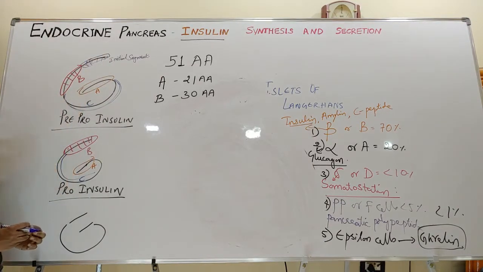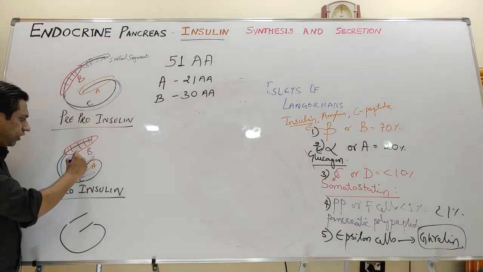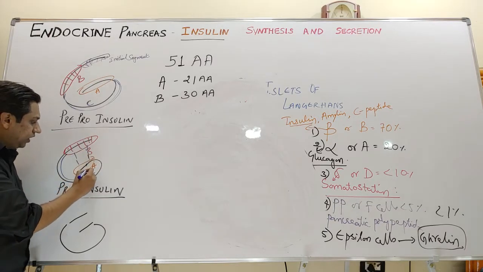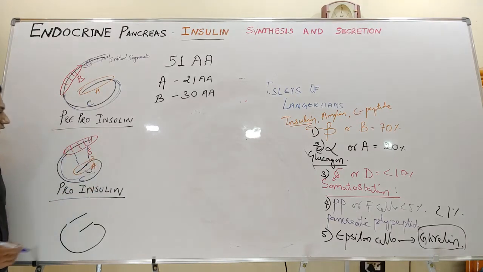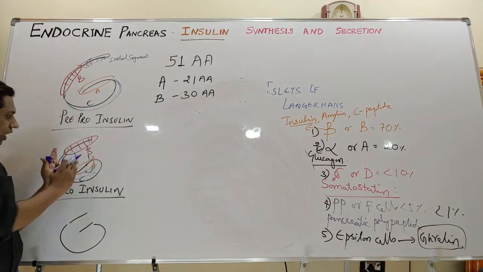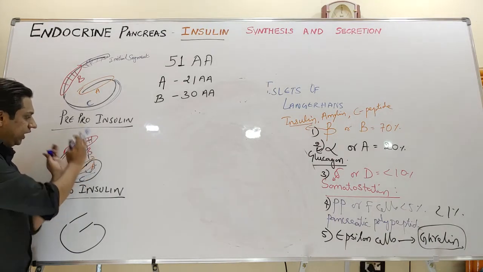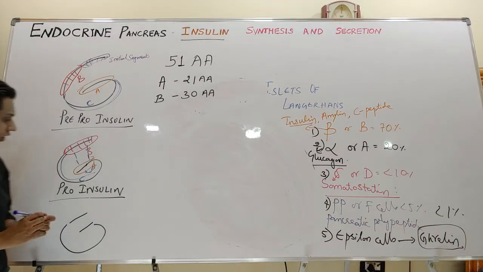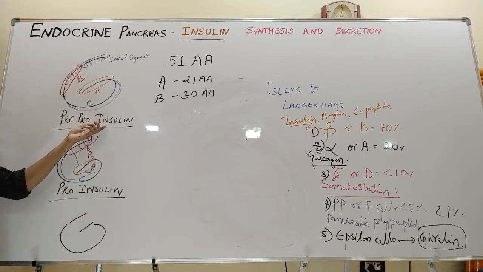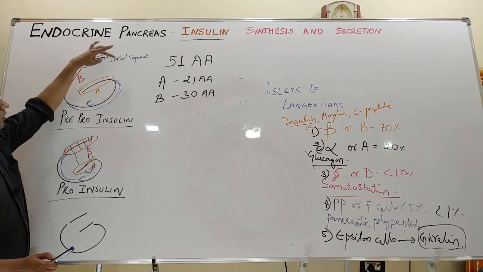Further, in this proinsulin molecule there are disulfide bonds: two disulfide bonds between the A and B chain, and one more within the A chain itself. So this molecule is known as proinsulin. Proinsulin is almost the same molecule as pre-proinsulin, but the only difference is that it has no initial segment of amino acid chains.